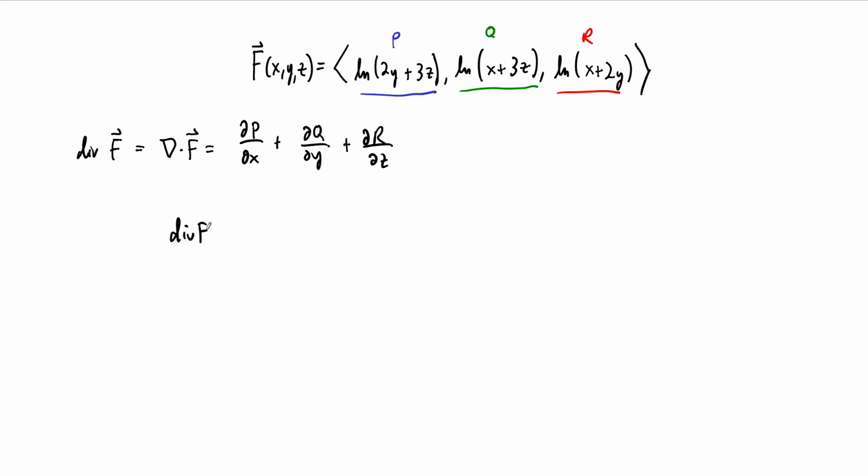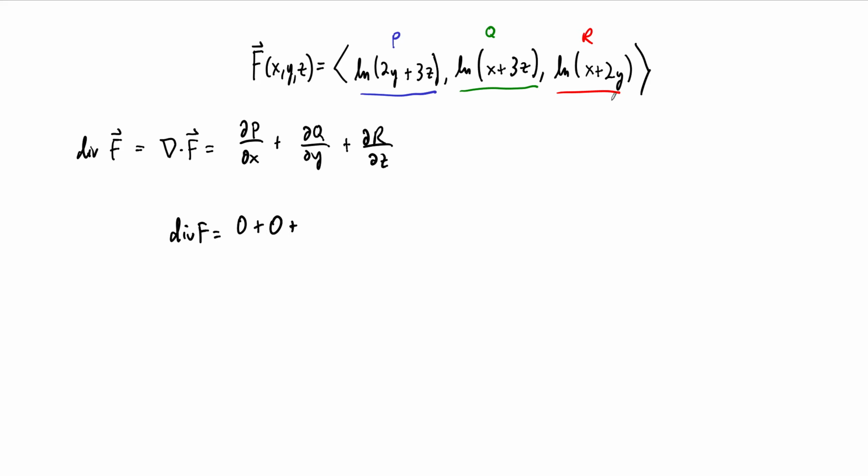We find the divergence of f is then these are just going to be some chain rules if necessary even, but notice that p does not depend on x, right? So there's no x variable here, so the x derivative of p is 0. Same thing here, q has no y's in it, so this is a constant with respect to y, so that's 0.